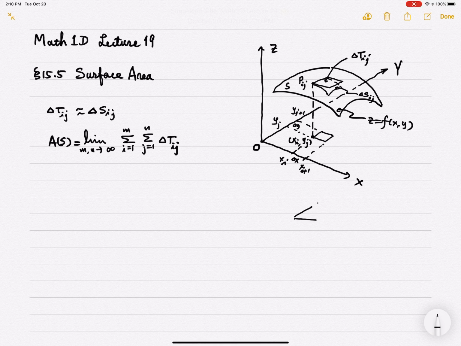Let me make it larger, extend it a little bit. Suppose this is a coordinate system, something like this.